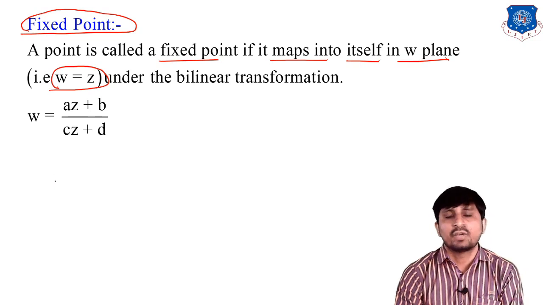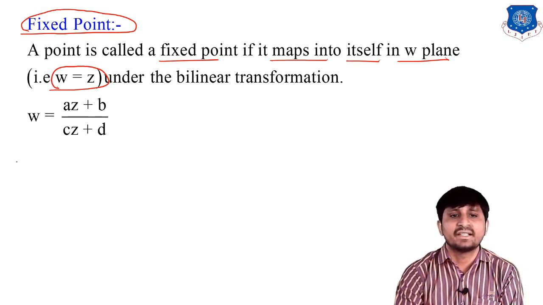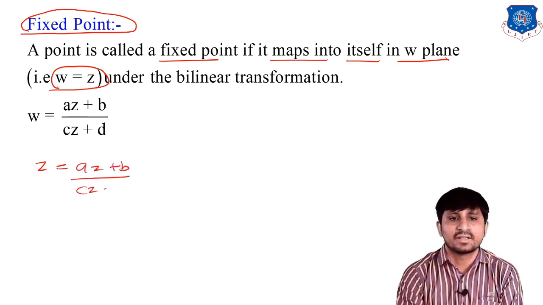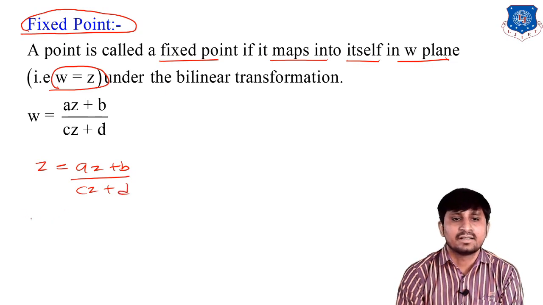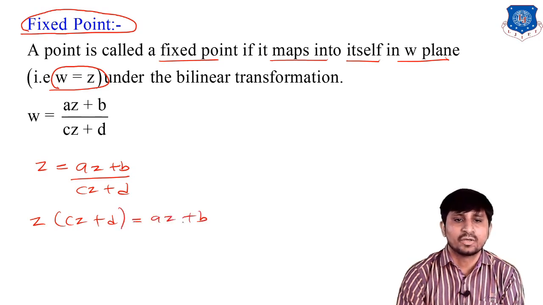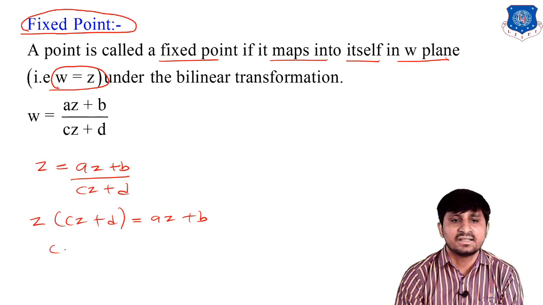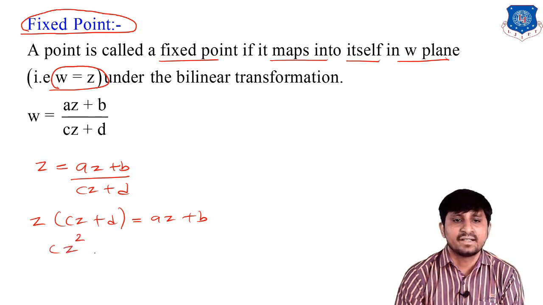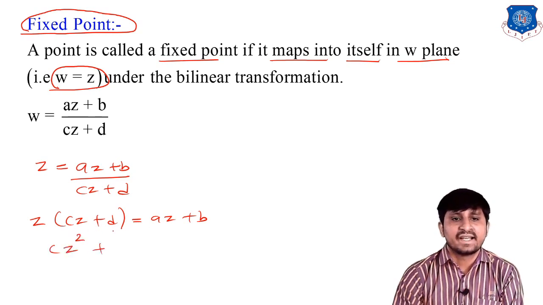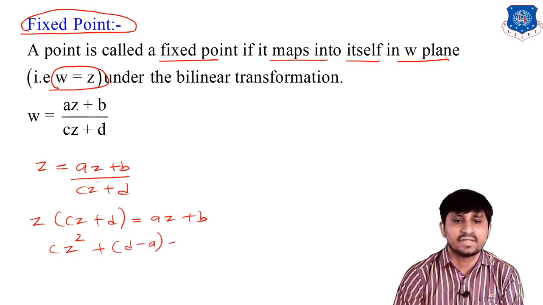Suppose you want to find the fixed point of any bilinear transformation. Take W equal to Z. So you have Z equal to (AZ plus B) upon (CZ plus D), and that's why Z into (CZ plus D) is equal to AZ plus B. So CZ square plus (D minus A) into Z minus B is equal to 0.